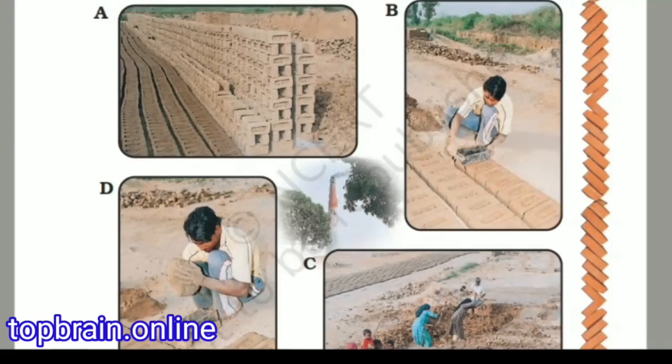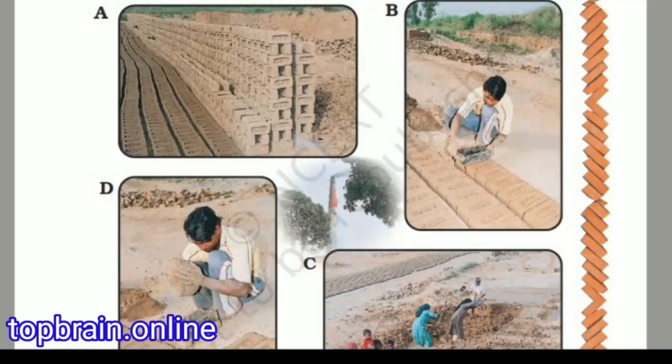And here wet bricks are arranged for air drying, and these air dried bricks are arranged in this pattern for burning in the kiln. So the proper sequence will be C, D, B and A.